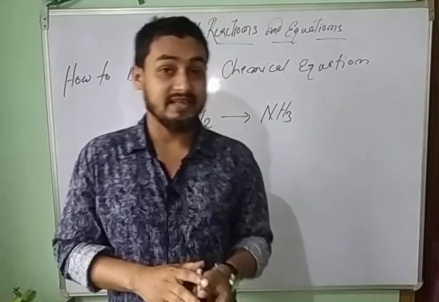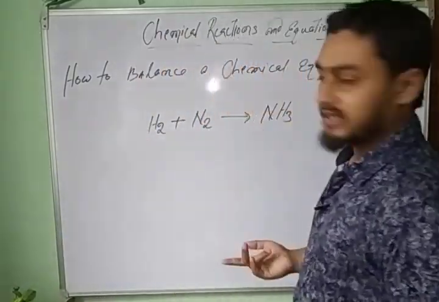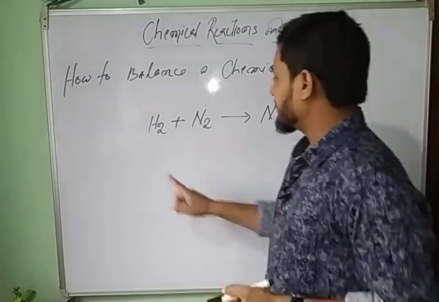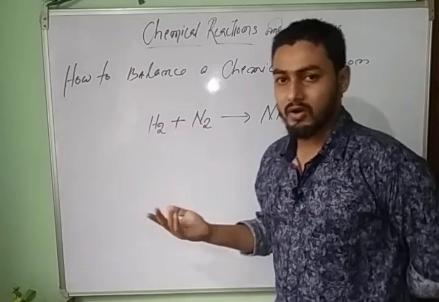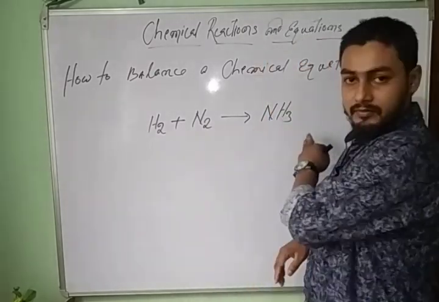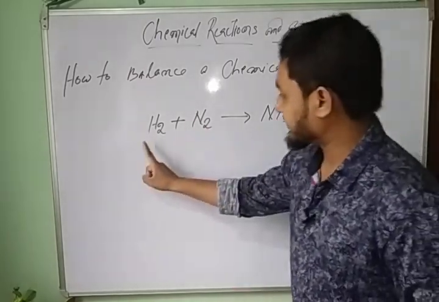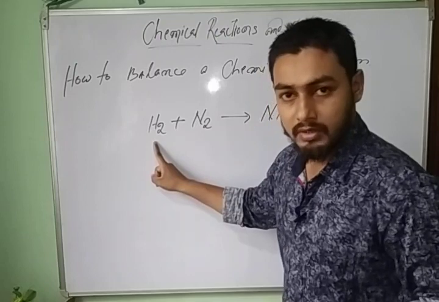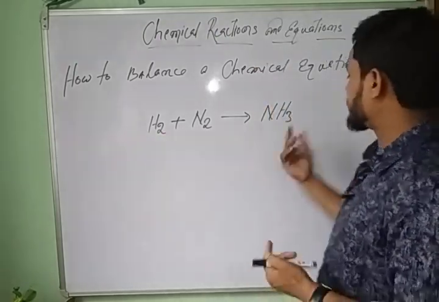Now why is it necessary? It is necessary because after writing a chemical equation, you will observe that sometimes some atoms disappear or sometimes some atoms gain in number. Suppose in this chemical equation, on the reactant side the number of hydrogen atoms is 2, but after reacting, on the product side the number of hydrogen atoms increased to 3.